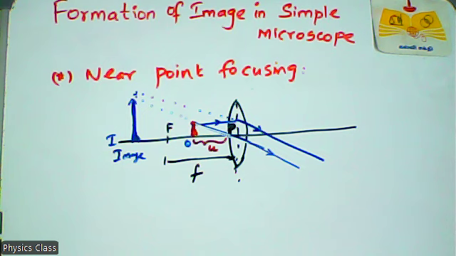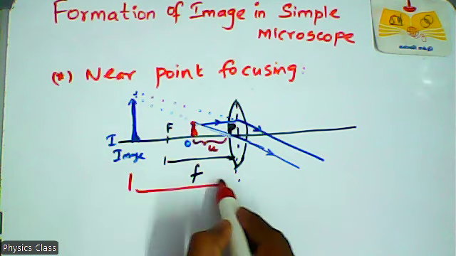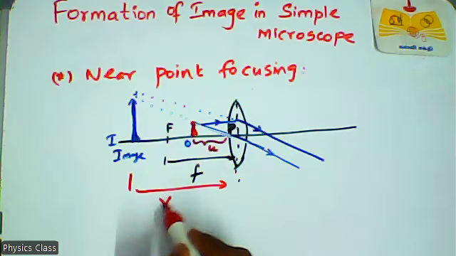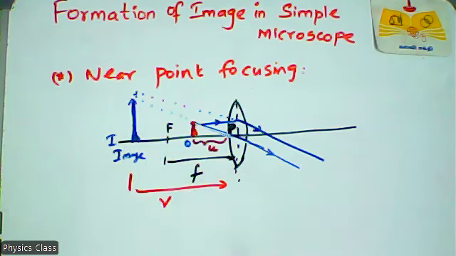The distance between the image and the pole is V, and it is formed at that D. So this is also denoted as D. The image distance is the near point.